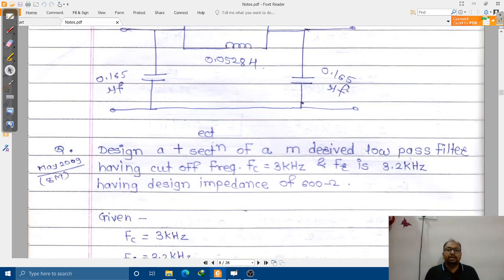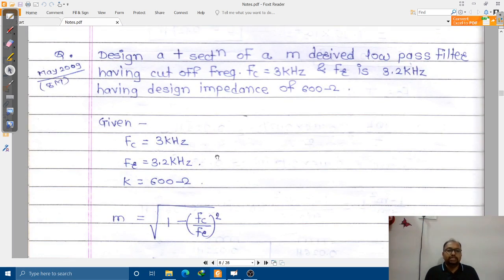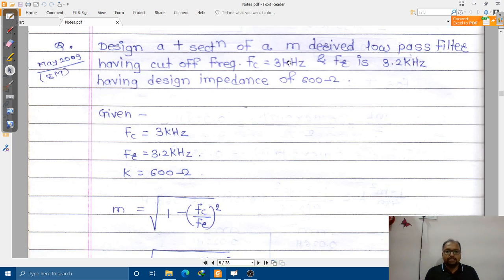Okay, now let us go for one more example. You just write this problem, and you solve this and forward it to me as an assignment. Design a T section as well as a pi section of a M-derived low pass filter having cutoff frequency 3 kHz and a resonant frequency 3.2 kHz, having a design impedance of 600 ohm.